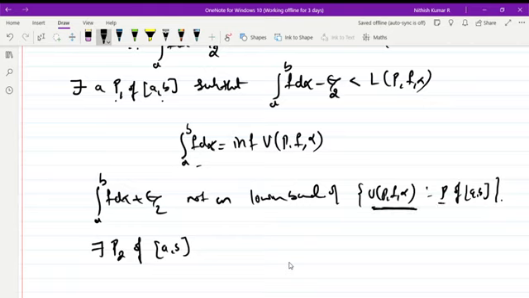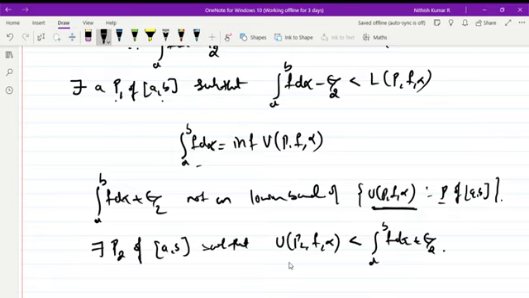So there exists a partition P2 of [a, b] such that U(P2, f, alpha) is less than the integral from a to b of f d alpha plus epsilon by 2.